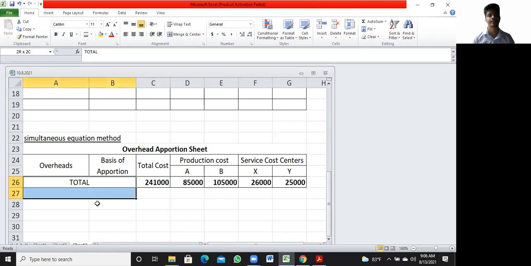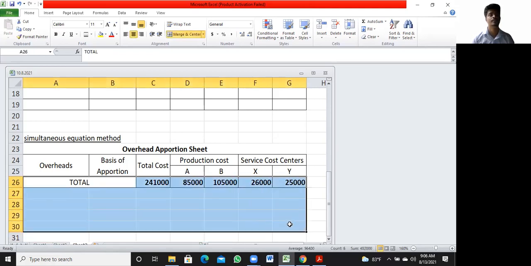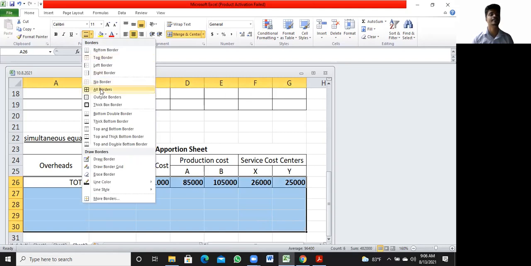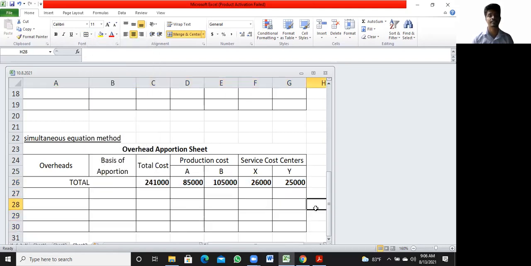We need the table like this. Prepare a table like this, with more columns, 4 or 5 columns.